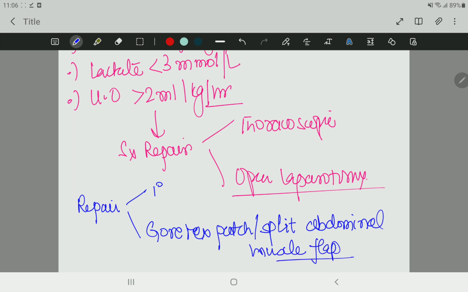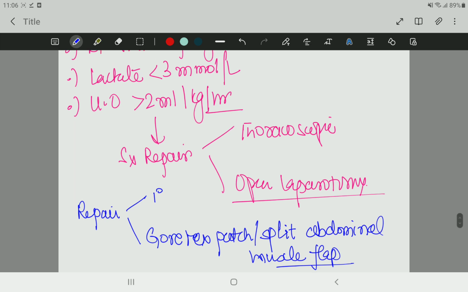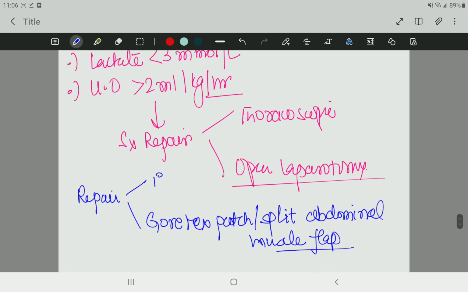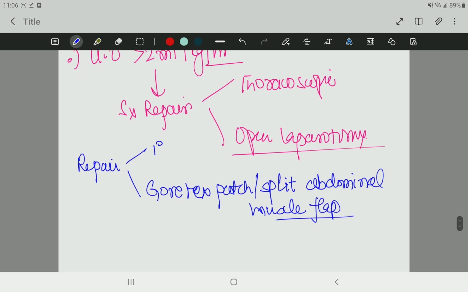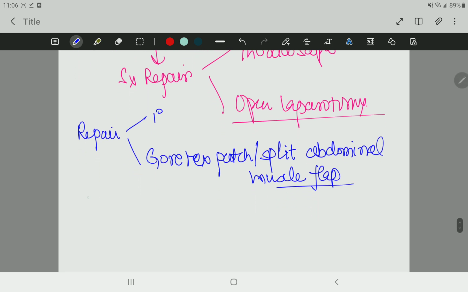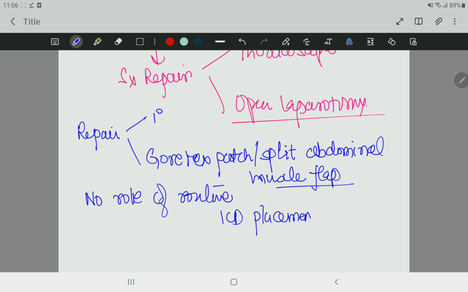But one should always try for primary repair, because the graft or patch is not going to increase in size with the growth of the baby. Remember the most important thing: there is no role of routine ICD placement.